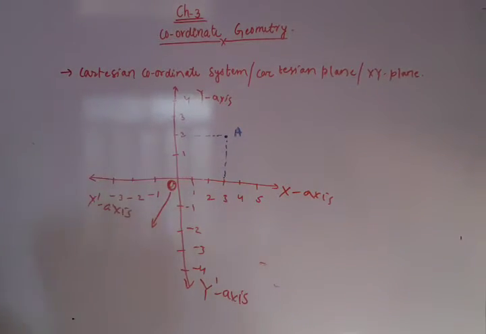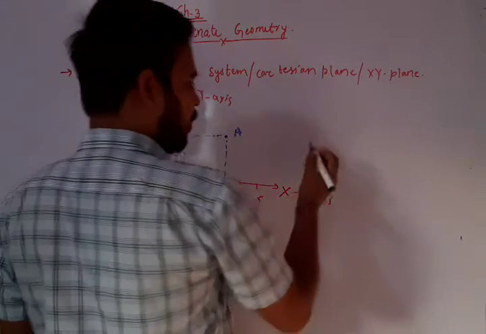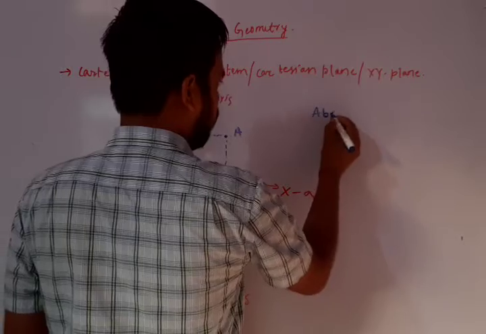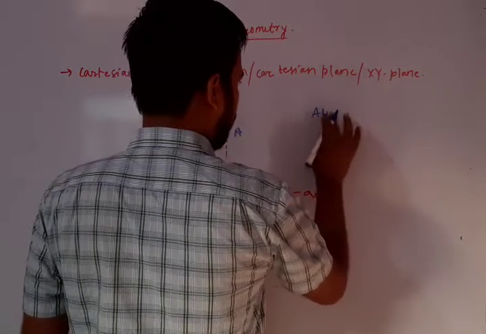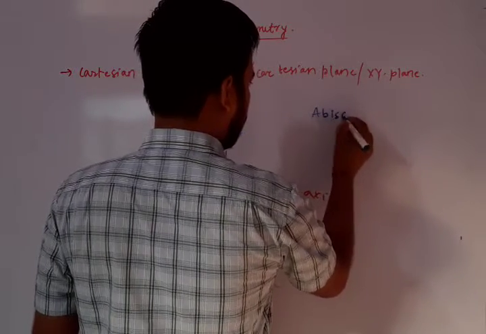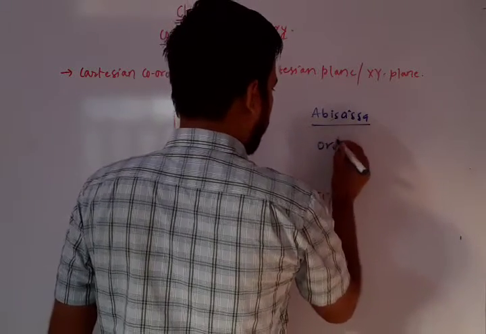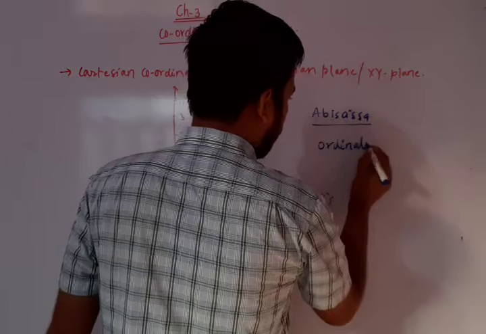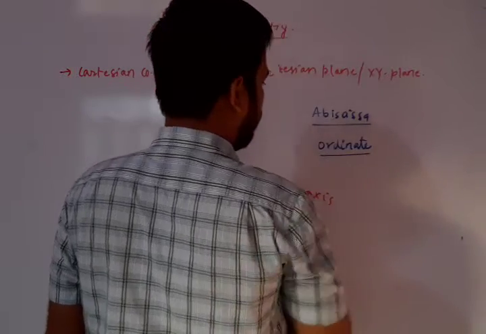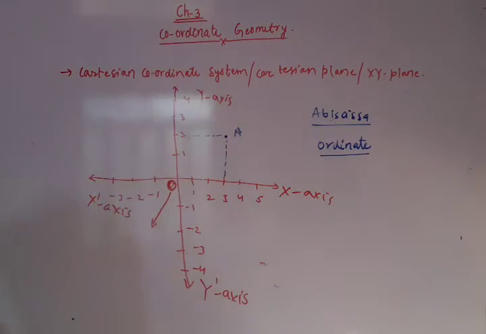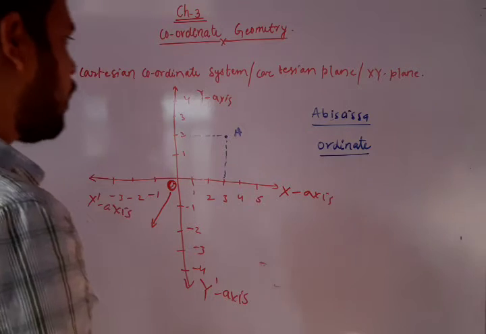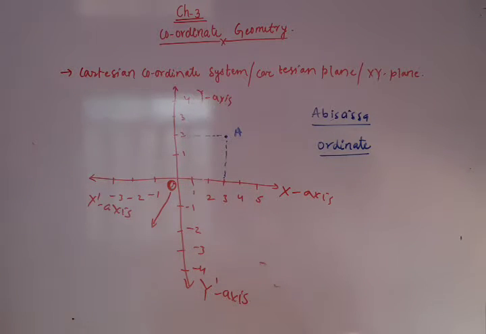First we represent the abscissa. What do we represent first? Abscissa, and another one is ordinate. Abscissa is the x coordinate, and ordinate is the y coordinate.